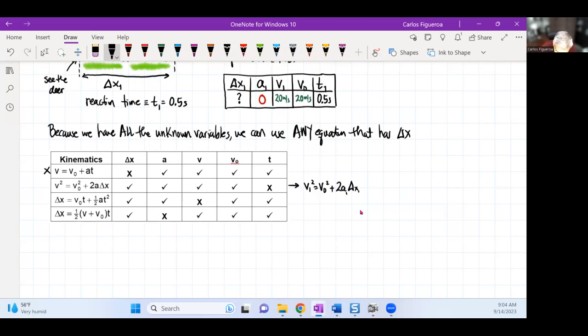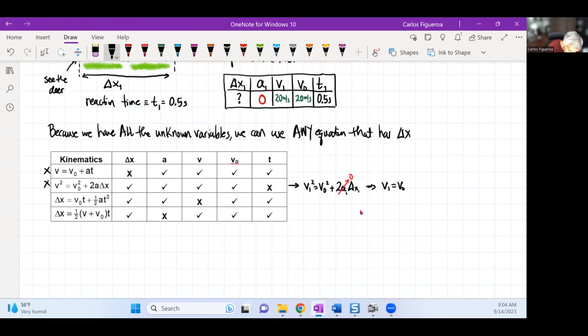Note, because I have acceleration equal to 0, this equation tells me that v1 and v initial are the same. We already knew that. That doesn't give me any new information. So this equation does not work because it's not giving me anything about delta x.